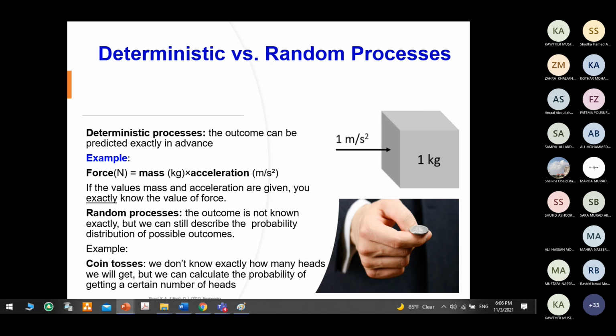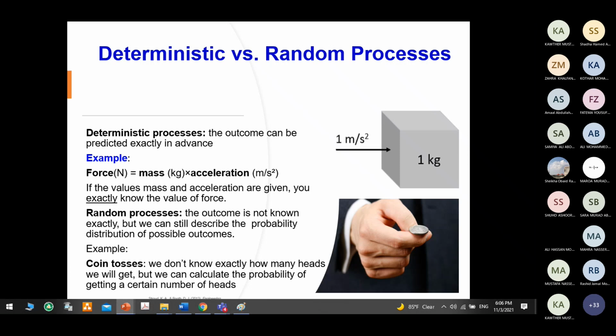Another example: if I have a current of 2 amperes and a resistance of 10 ohms, it gives me 20 volts. This is Ohm's law; I just substitute and come up with the output. So this is what we call a deterministic process. We know the input, and we are sure of the output because we have a rule, a formula, it's clear.